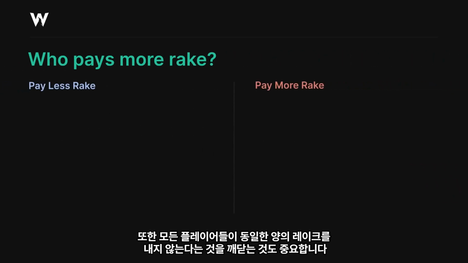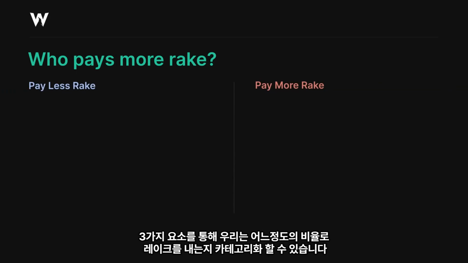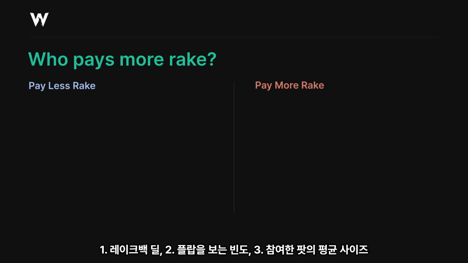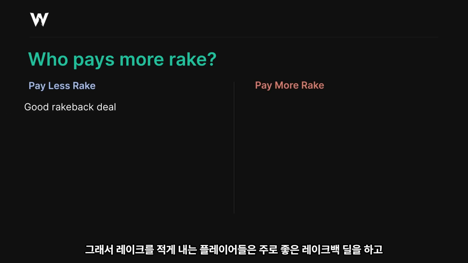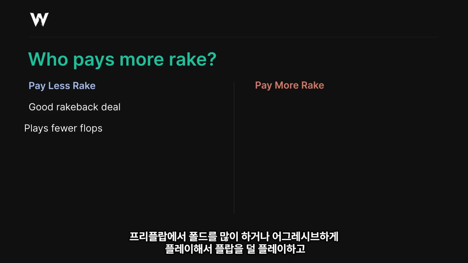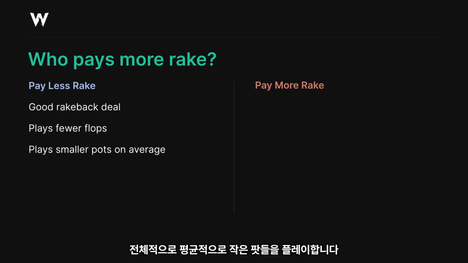It's important to realize that not all players will pay the same amount of rake. Generally speaking, we can categorize how much rake you pay according to 3 factors. 1 is your rakeback deal, 2 is how many flops you see, and 3 is the average size of the pot you're involved in. Players that pay less rake will typically have a better rakeback deal. They'll play fewer flops, which just means folding pre more often, or acting aggressively pre-flop, and they'll play smaller pots on average.